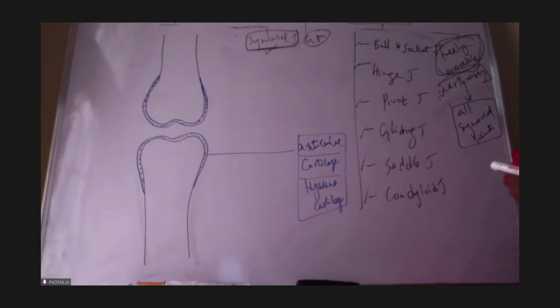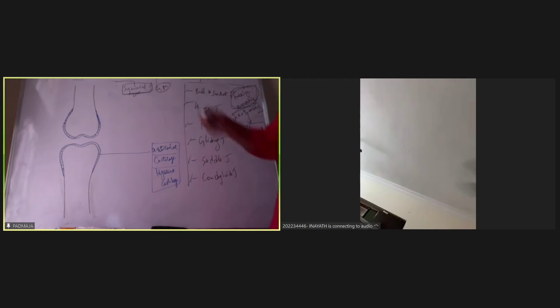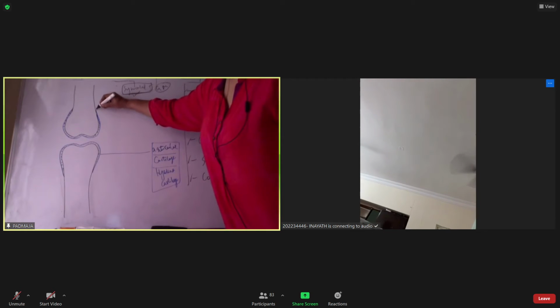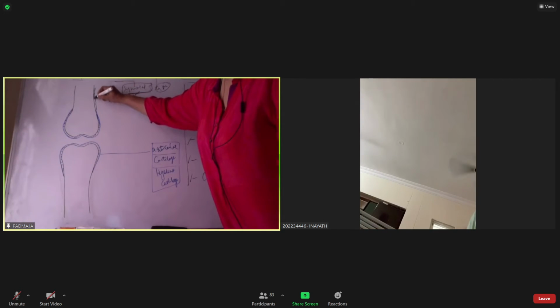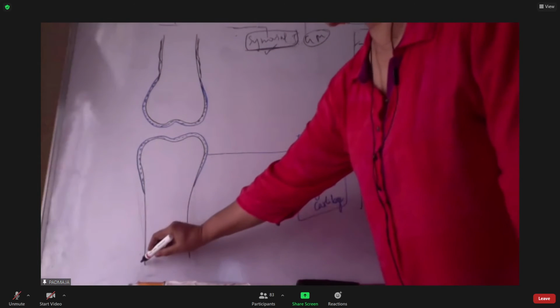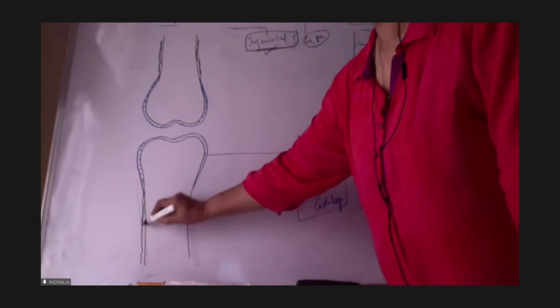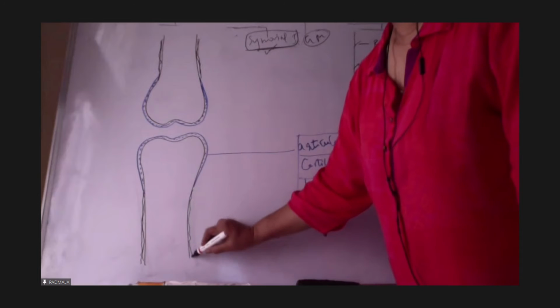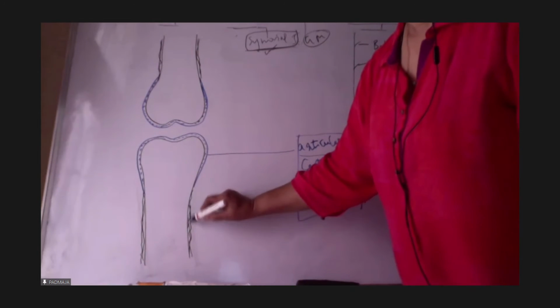Good. Now next, you know very well the remaining part of the bone is covered by, junior inter lesson. And I'm drawing irregularly also. What is this?